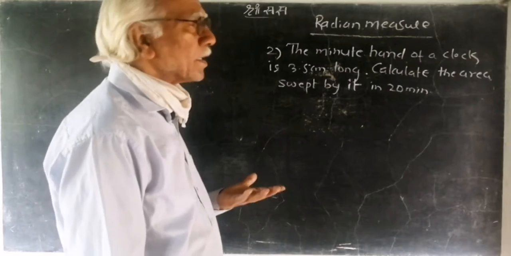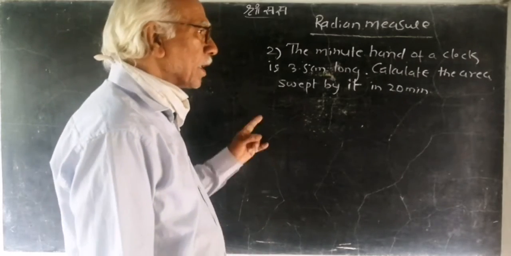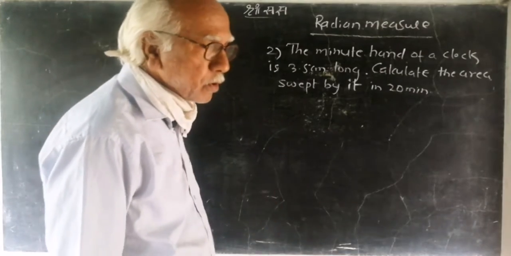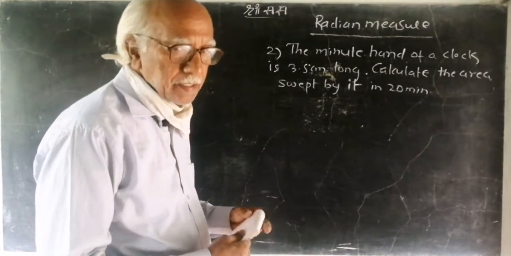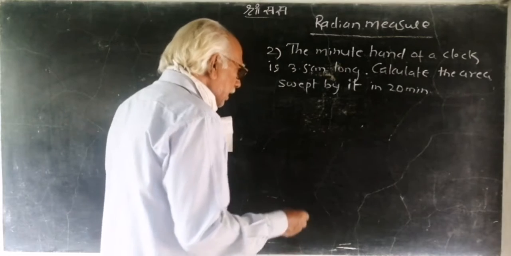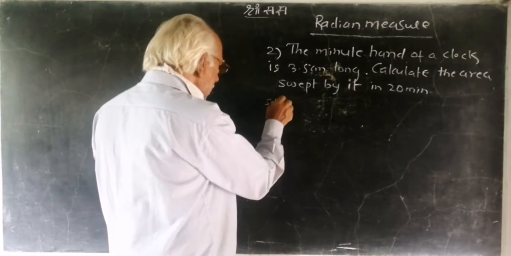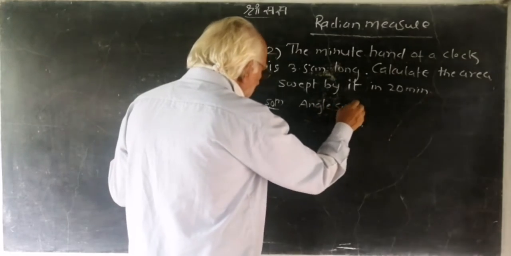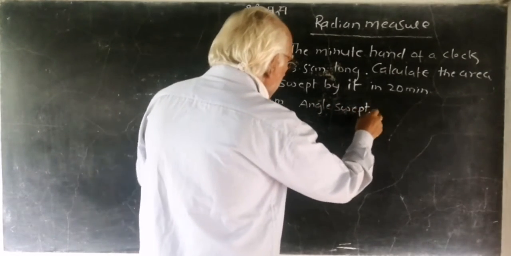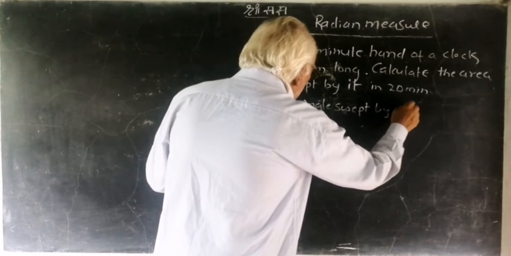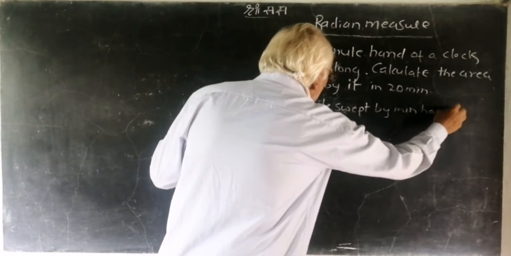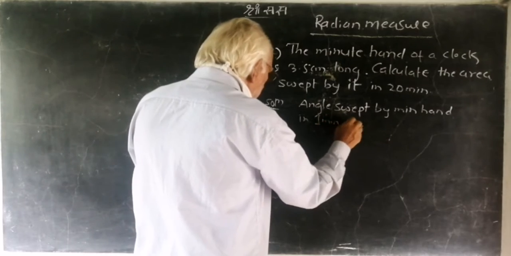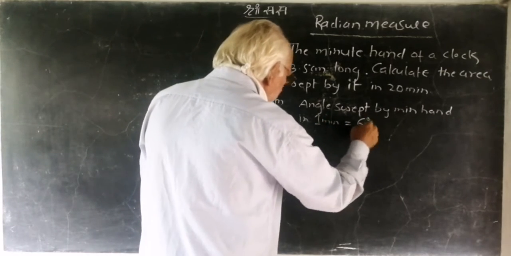So if you divide 90 by 15, you get the angle swept by the minute hand in 1 minute, which is 90 by 15, that is nothing but 6. So you can write here the solution: angle swept by the minute hand in 1 minute is equal to 6 degrees.